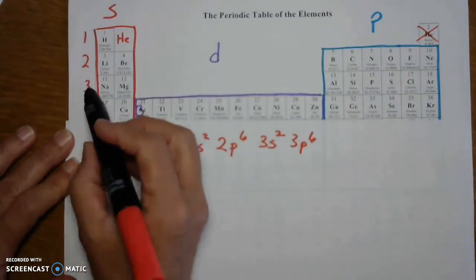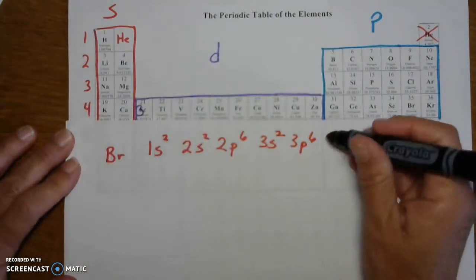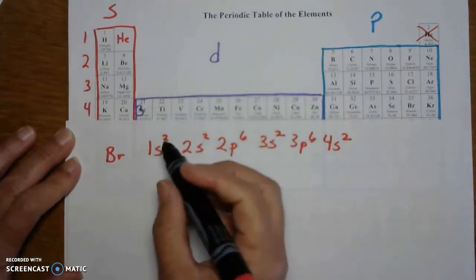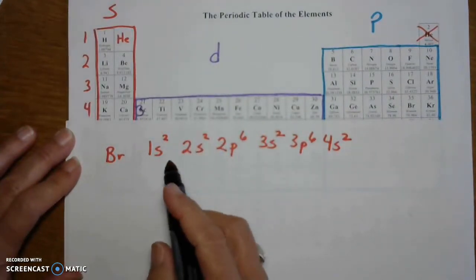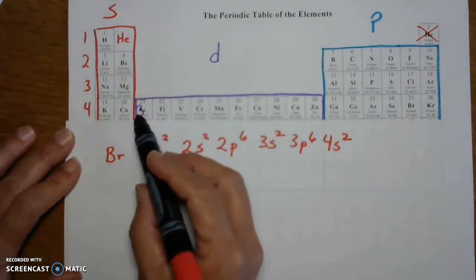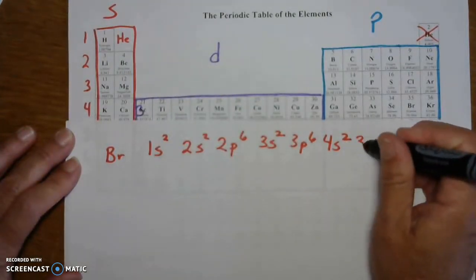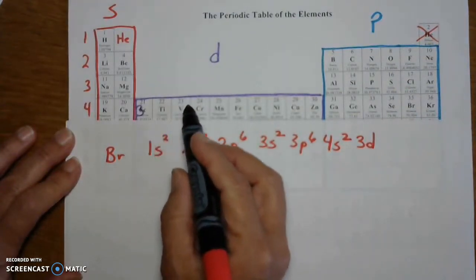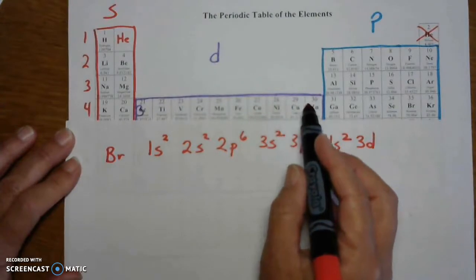We've got 4s, 2 boxes, and then we get something strange, because now we've got a 3d. And there are 10 boxes here: 1, 2, 3, 4, 5, 6, 7, 8, 9, 10.